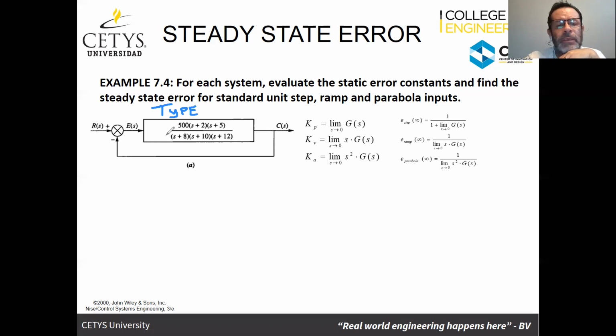The type is defined by the lonely s that's multiplying the denominator. If I were to put an s here, what is the power of the s in this denominator? 0. It's s to the 0 because we don't have an s. And so the type of the system in this case is type 0.